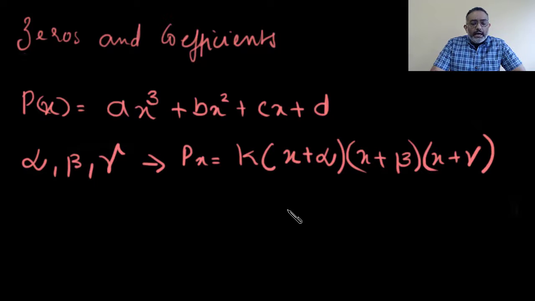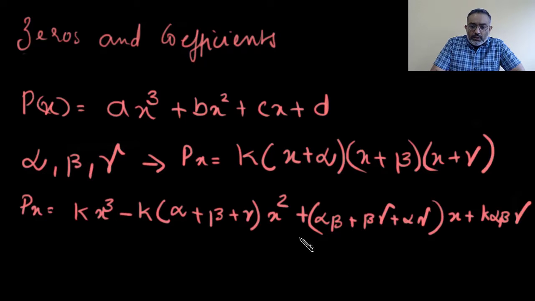I would urge you to do this at home, but you will get a pretty lengthy equation if you expand this, which I will write down now. This is the expanded form: kx cubed plus k times the sum of all the zeros, alpha plus beta plus gamma, which forms the coefficient of x squared.